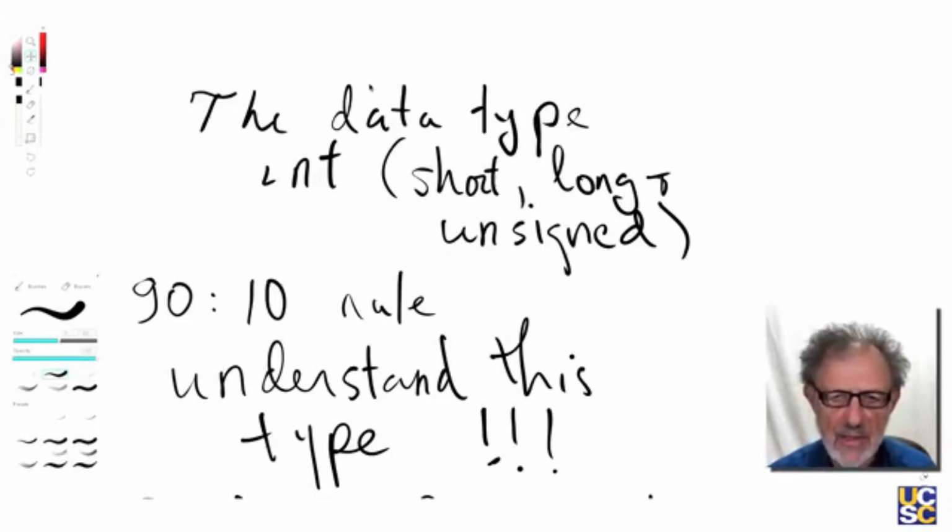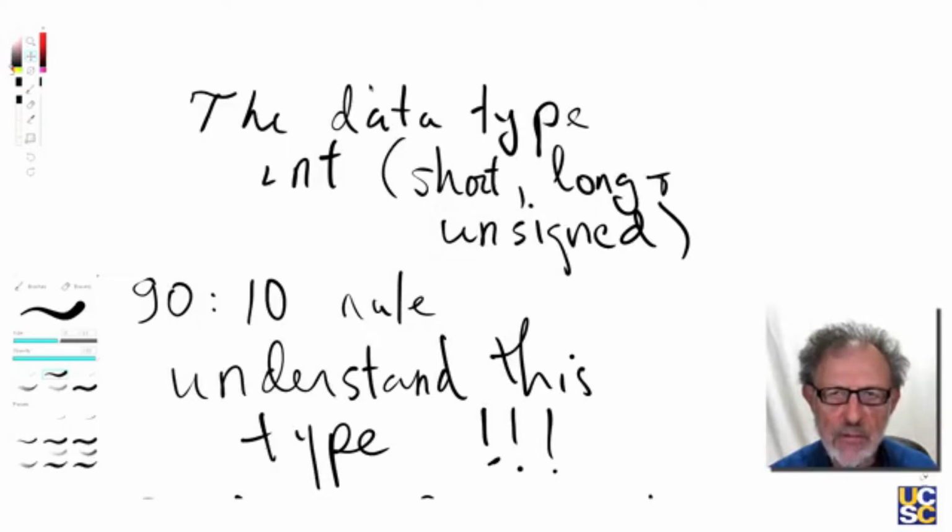So let me give you my understanding of how to approach learning a difficult subject like programming. In programming, you have lots and lots of stuff. Much of it is obscure. But if you concentrate on the things that are typical, and int is typical as a data type, then you can get 90% of the value of your study or your work by only looking at 10% of the entire language.